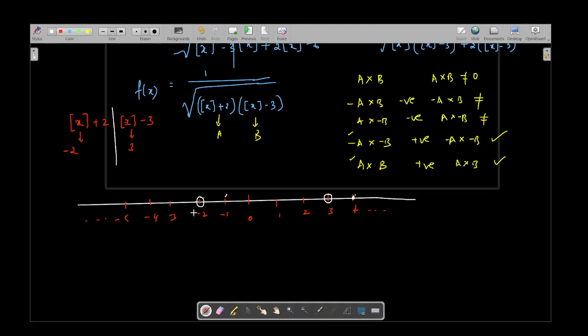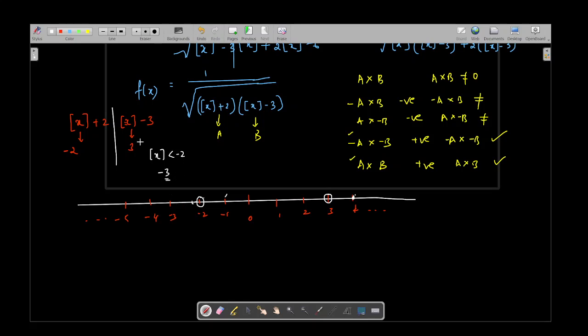Now let us see, if I take [gi of x] less than minus 2, let's say if I take minus 3, or if I take minus 2.1, it is minus 3 only.